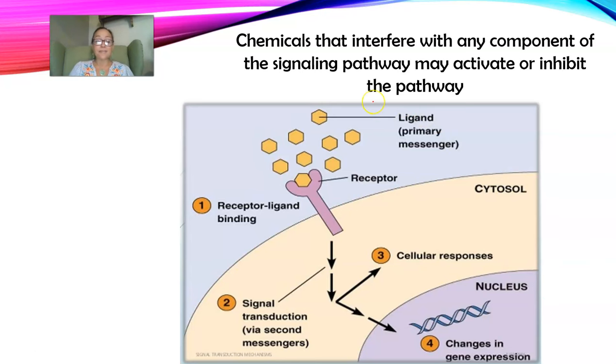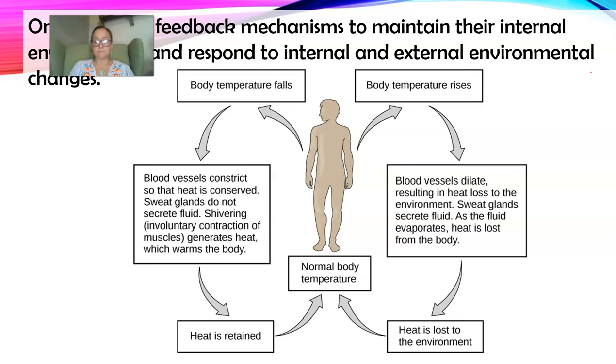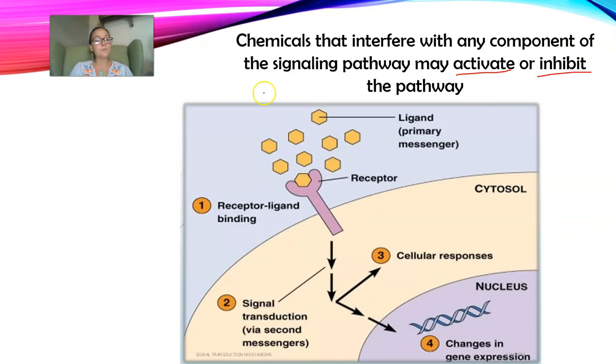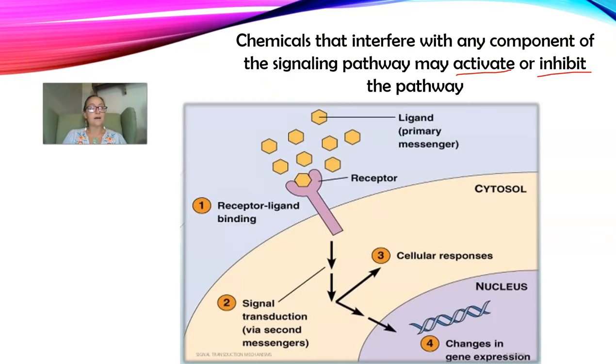There can also be chemicals that interfere with any component of a signaling pathway and that may activate or inhibit the pathway. I don't have a picture, but when we take certain medications, let's pretend a person is maybe underproducing a certain hormone. Well, then you can take synthetic or man-made hormones that mimic the ligand, activating the pathway.